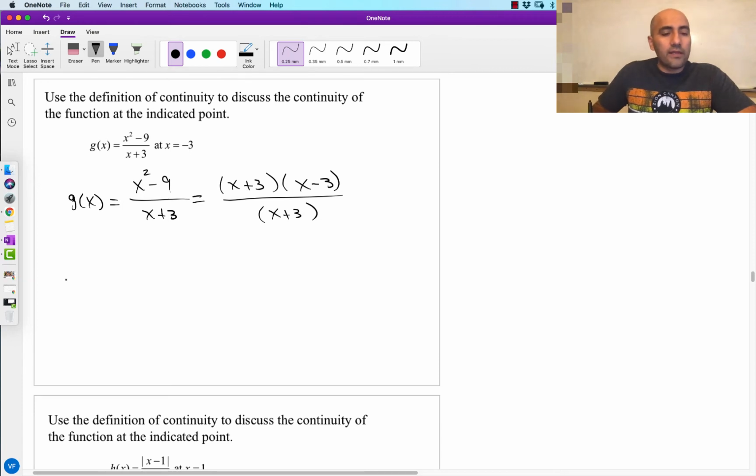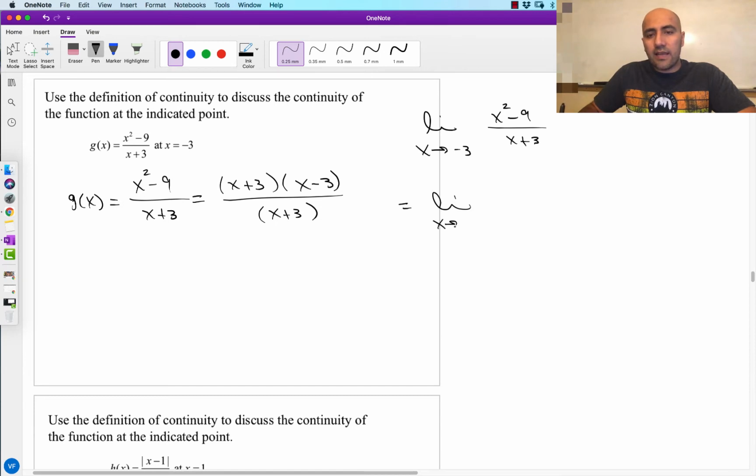Now if we think about the limit, let's back up. The limit as x approaches negative 3 of x squared minus 9 all over x plus 3 is equal to the limit as x approaches negative 3, and then we can factor this.